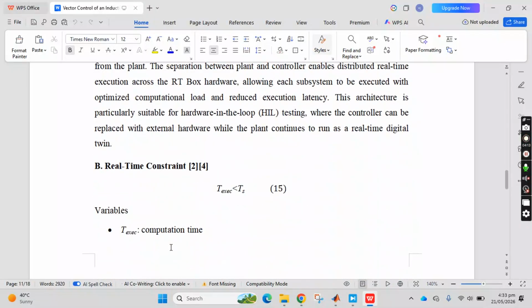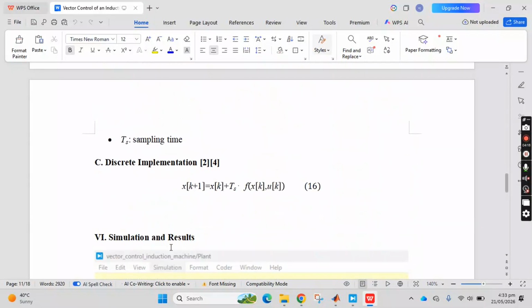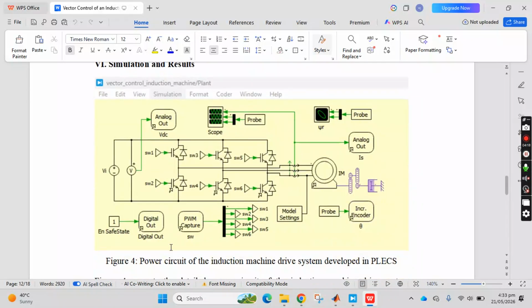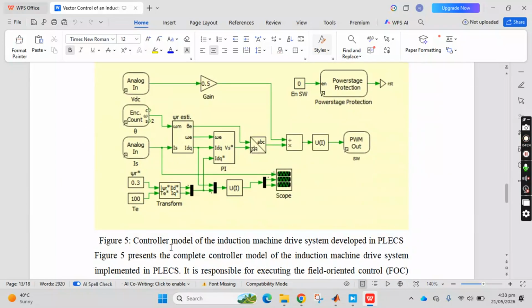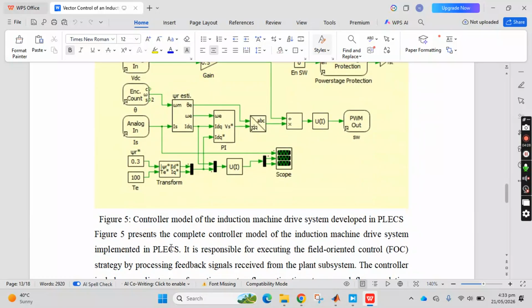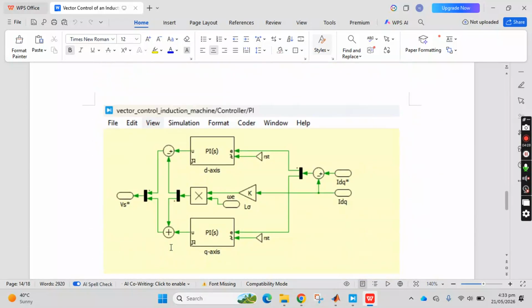And then we have added the real-time constraint of the discrete implementation and the simulation output results for the controller drive system as well as the power circuit. This is the power circuit, and this is the controller model of the induction machine drive system in PLECS.